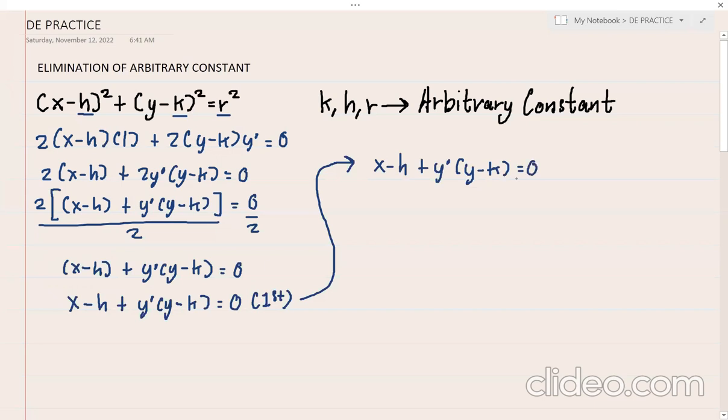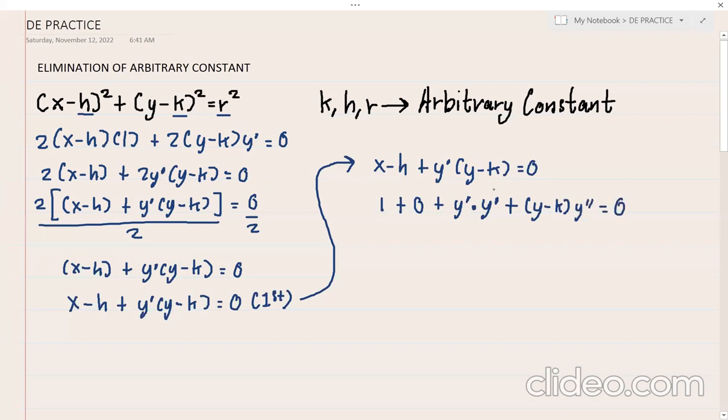Okay. So, let's get the second derivative. The second derivative of this is 1 plus 0 plus, for the third term, we can apply the product rule. So, this is y prime times y prime plus quantity y minus k times y second prime.